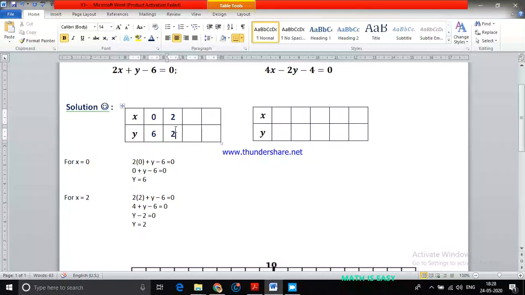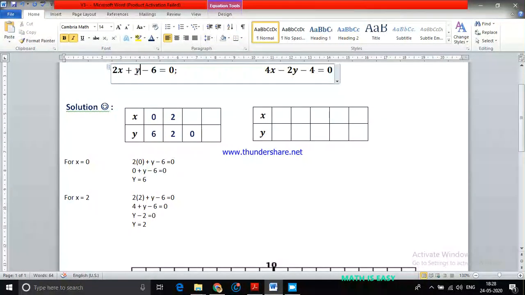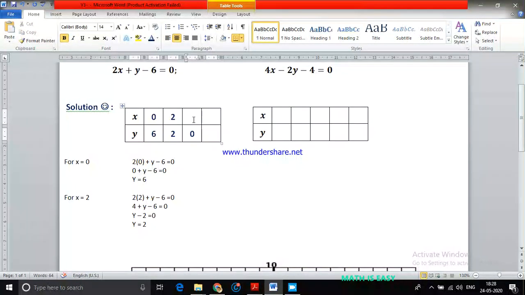Now you may have a doubt, why always choose the x value only? You may choose the y value also. For example, if y is 0 in the first equation, then I have 2x minus 6 equals 0. You substitute, then you will get the x value as 3.